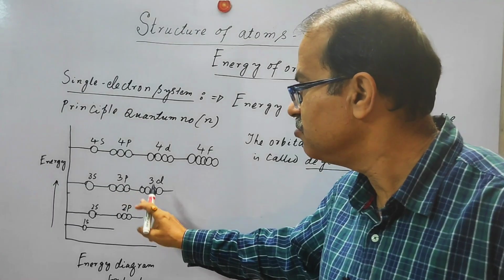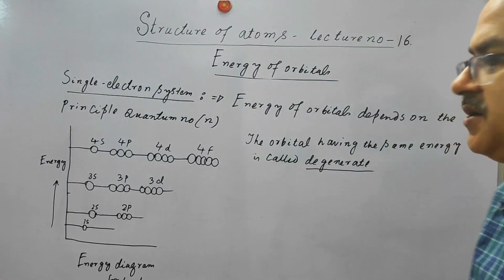So here you can see 2s, 2p, 3s, 3p, 3d are all degenerate orbitals.